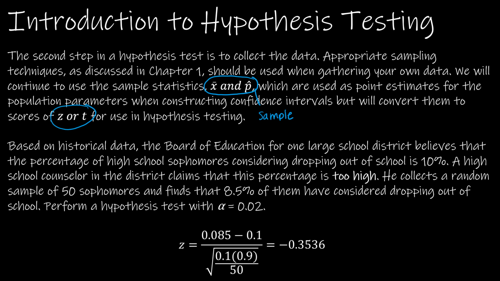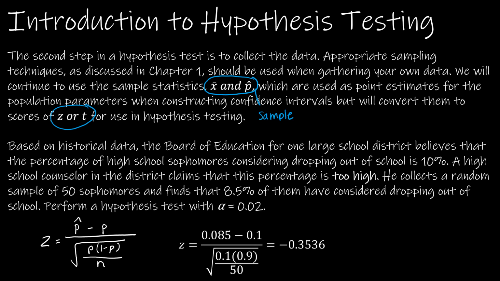This is where I'm not going to go into all of the formulas because it's going to be different based on whether we are looking at a mean or proportion and whether or not we know the population standard deviation. For this particular example, I will give you the z-score formula, which is p hat minus p divided by the square root of p times (1 minus p), or q, depending on how you like to look at it, divided by n.